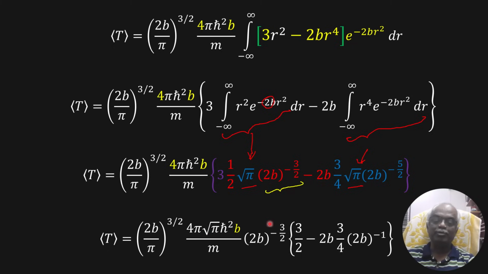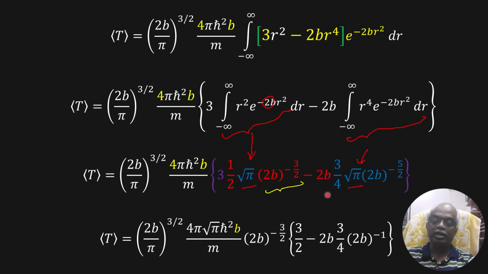So the first term will become 3 by 2. Then the next term, since I have taken 2p power minus 3 by 2 outside, will be 2p power minus 1. Of course, you have 3 by 2.